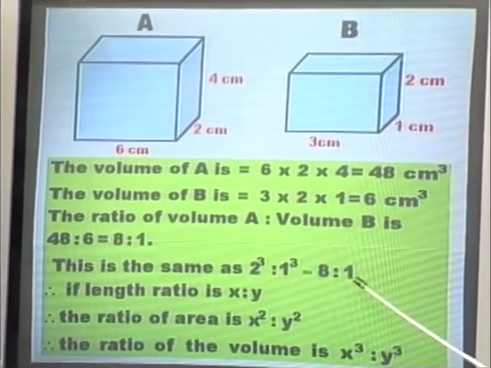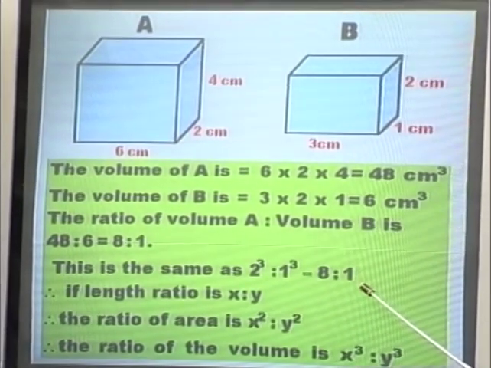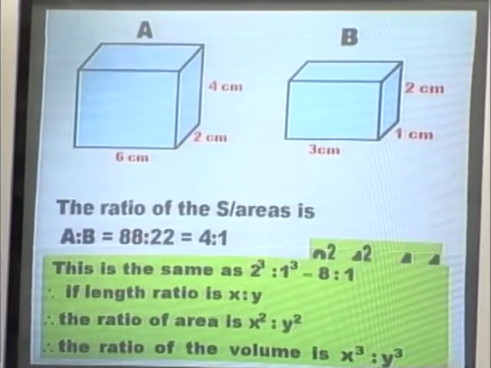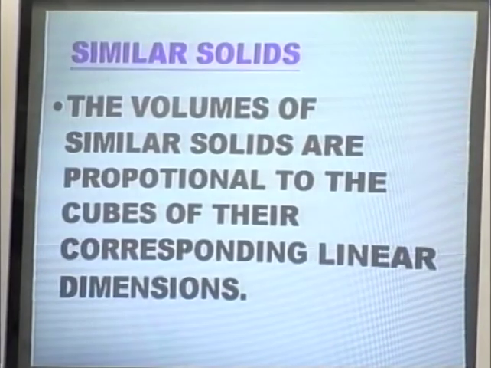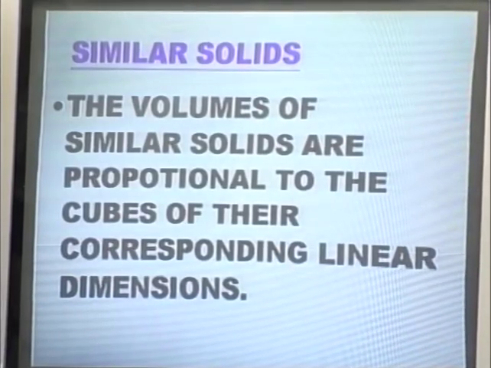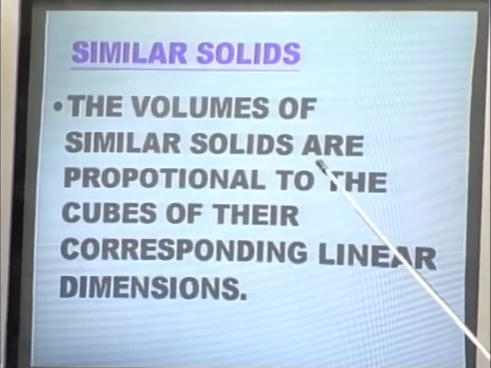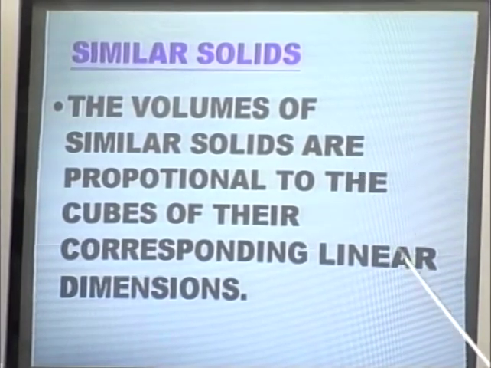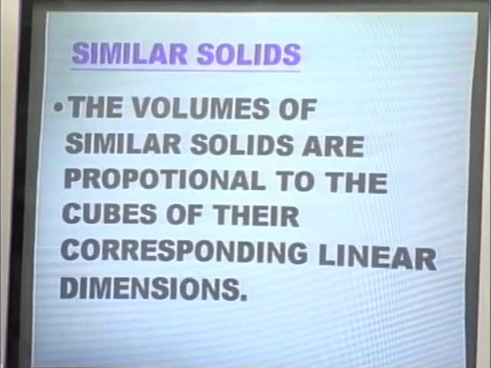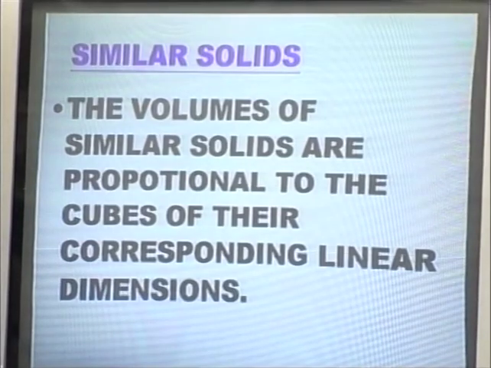You cube that and you get the ratio of the volumes. And if you can just go back, it says for similar solids, the volumes of similar solids are proportional to the cubes of their corresponding linear dimensions. Is that clear?